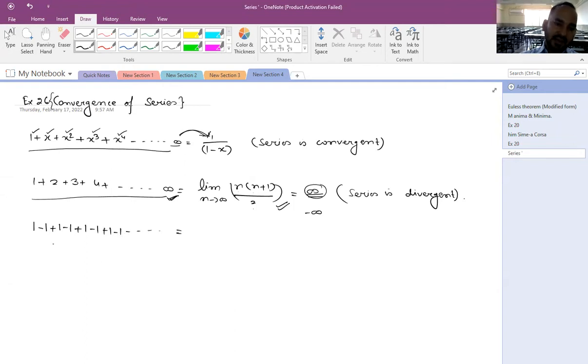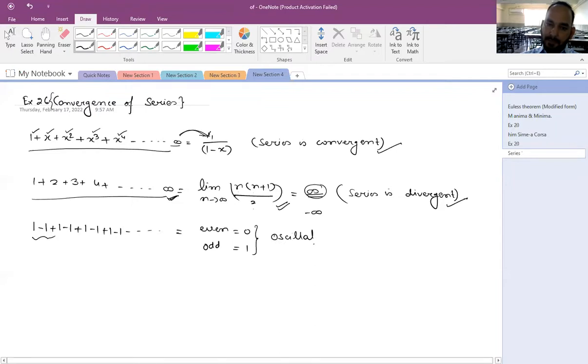If I add an even number of terms, it is 0. If I add an odd number of terms, it is 1. So this series is not going towards a fixed value, neither convergent nor divergent. This kind of series is called an oscillatory series.